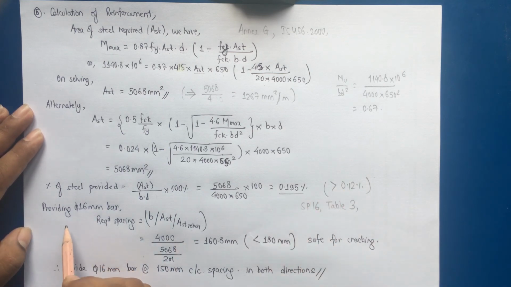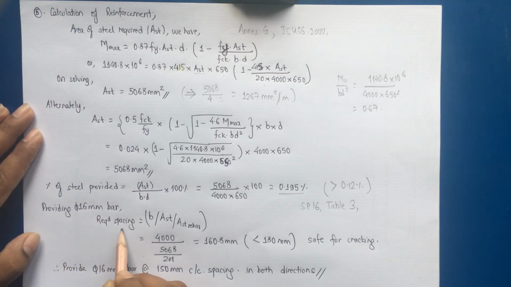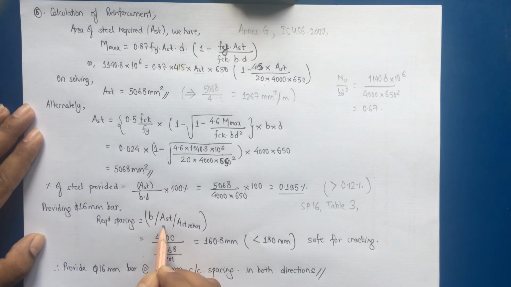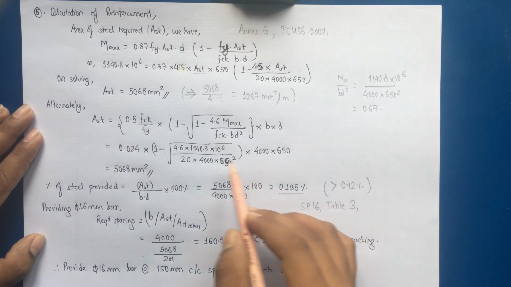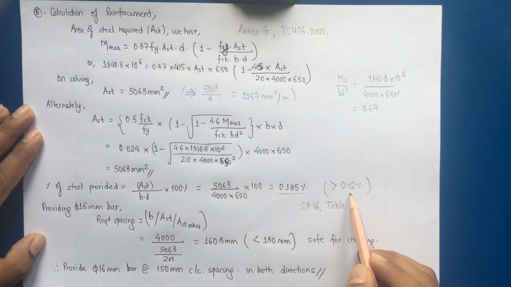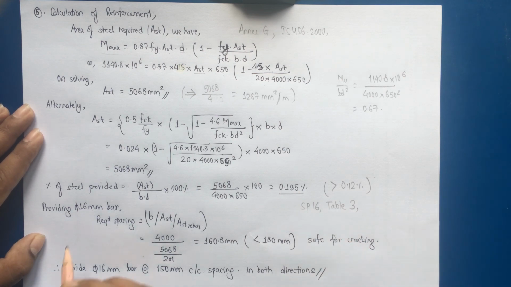Now let us provide the size of the bar and spacing. So providing a 16 mm bar, the required spacing will be equal to width of section divided by area of steel provided divided by area of steel per bar, that is the area of individual bar. And also make sure if this value is less than 0.12%, then we have to consider the minimum reinforcement as well. But for now it is 0.195, which is greater than the minimum reinforcement required.